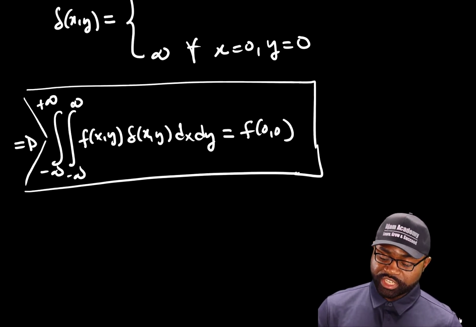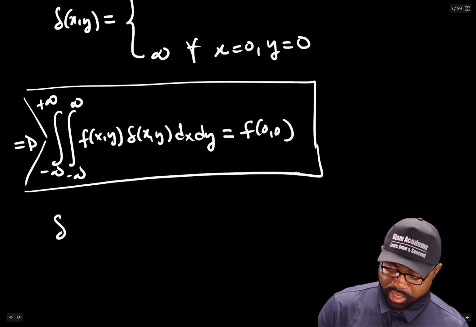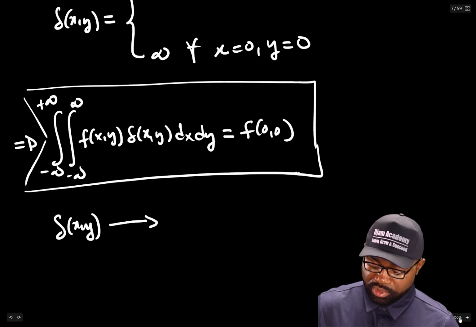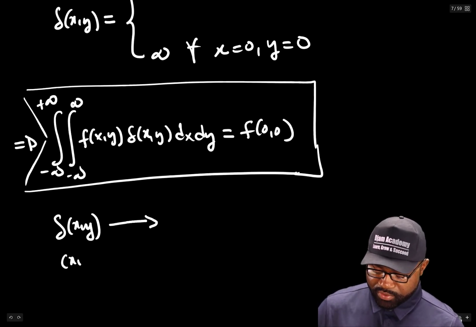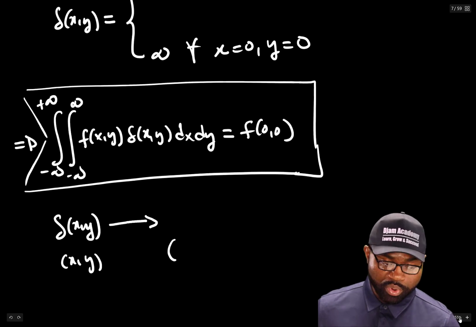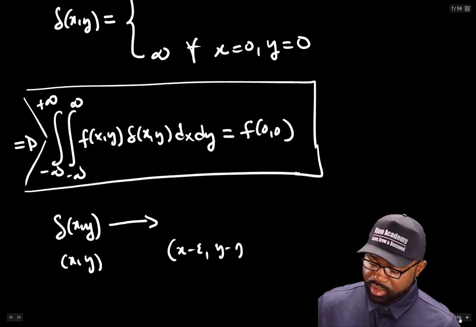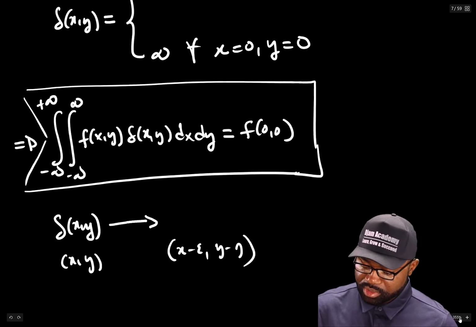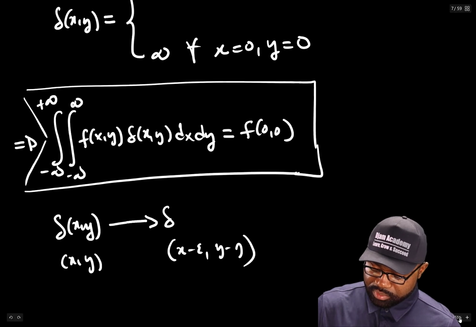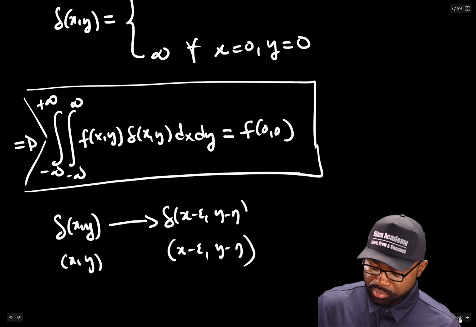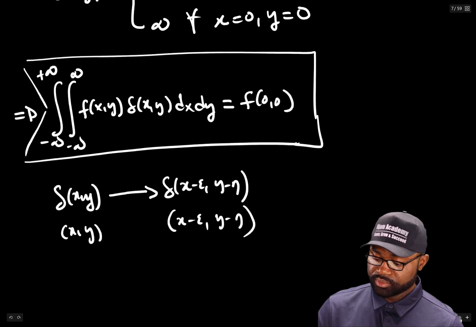So if we shift a Dirac delta function from a point (x, y) to a point, let's say, (x - ε, y - η), what then happens?